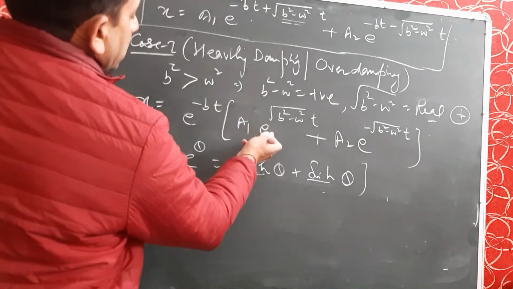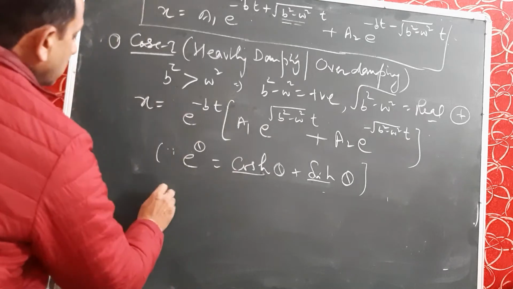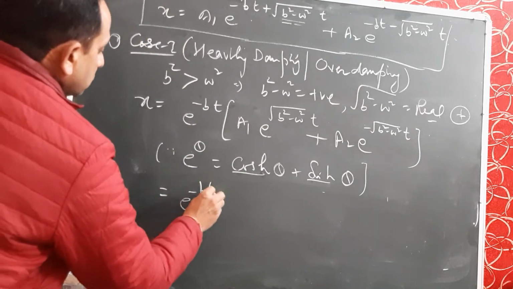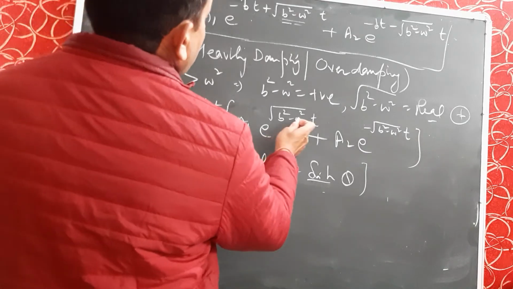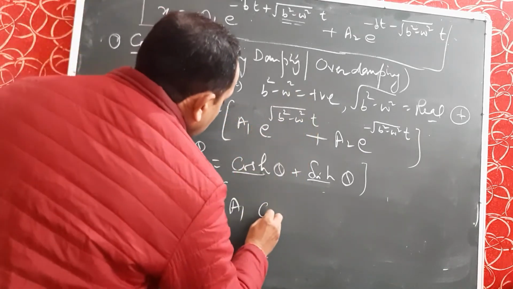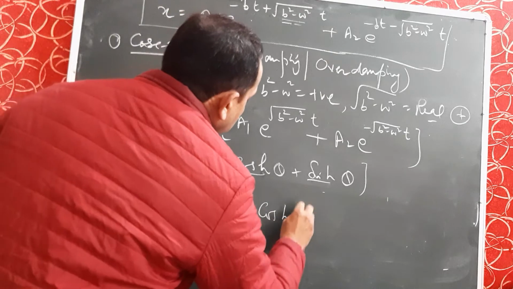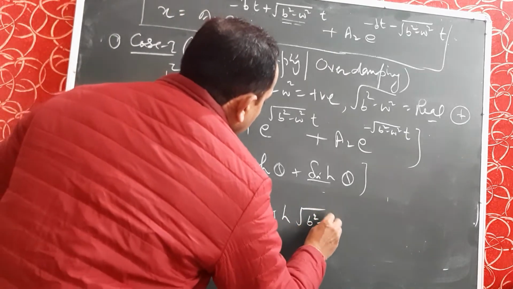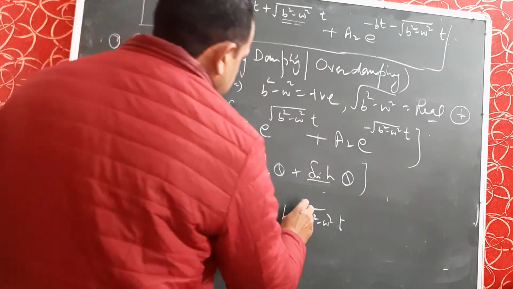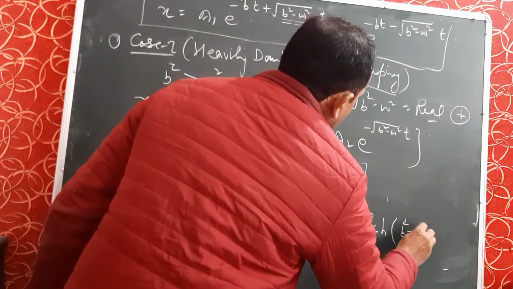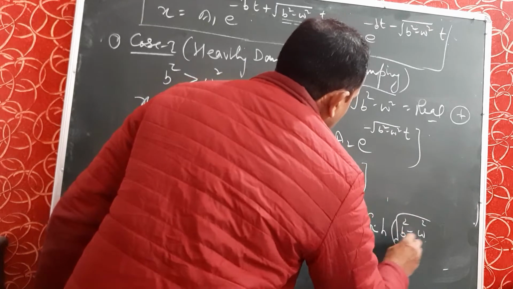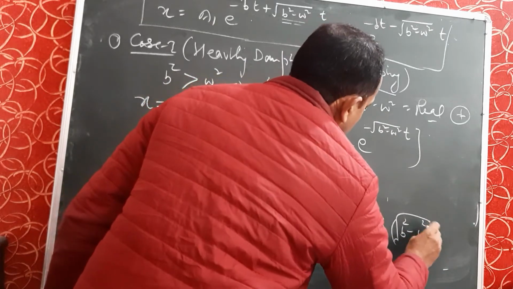So we may separate this function. E power minus bt is common, and a1 into e power theta means cos hyperbolic under root b square minus omega square t plus sin hyperbolic under root b square minus omega square into t.